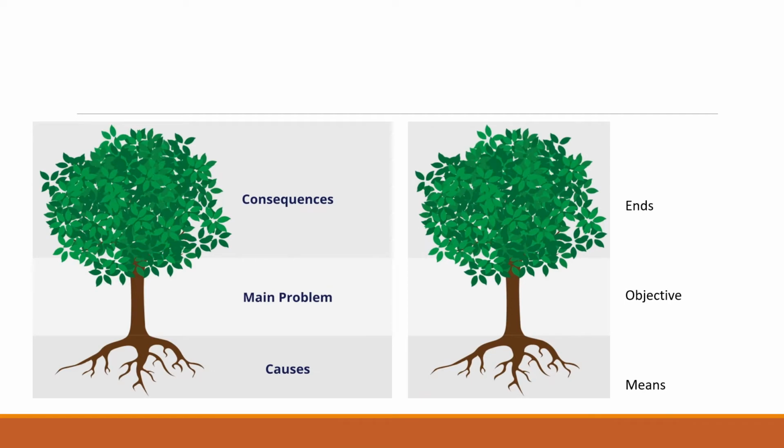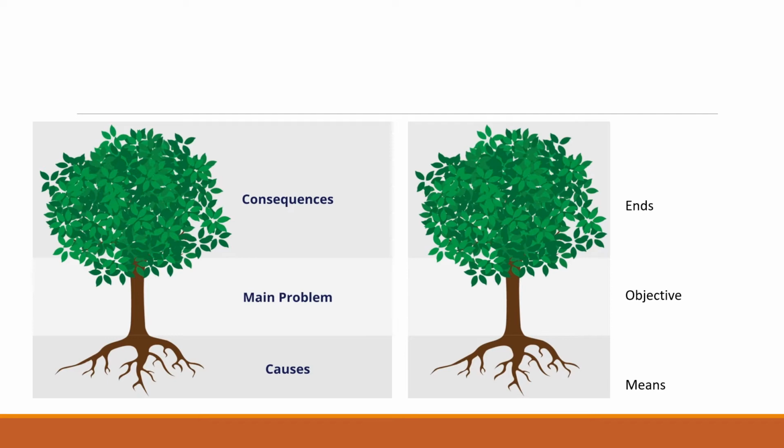Then the problem tree on the left part will be changed to an objective tree. First of all, you're going to produce your problem tree. That is, you have the main problem.